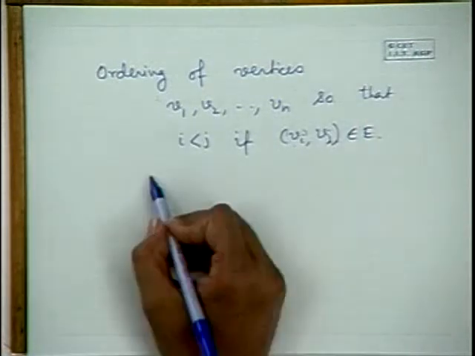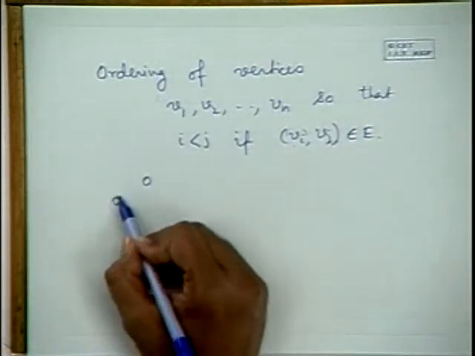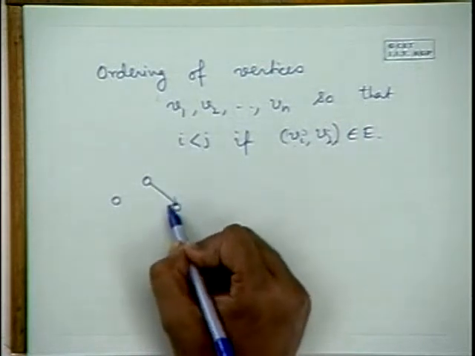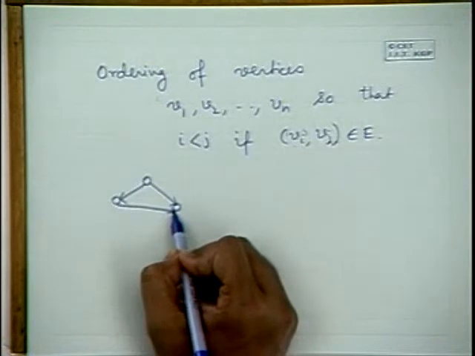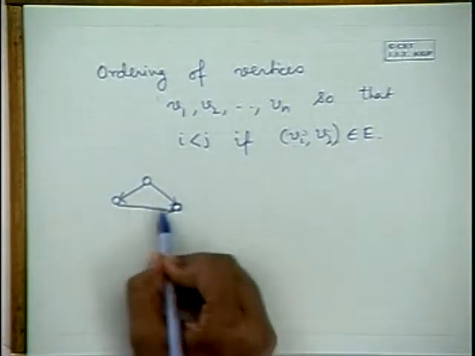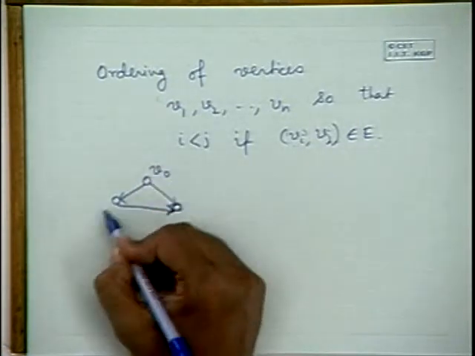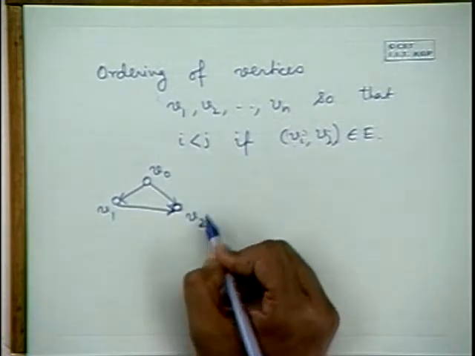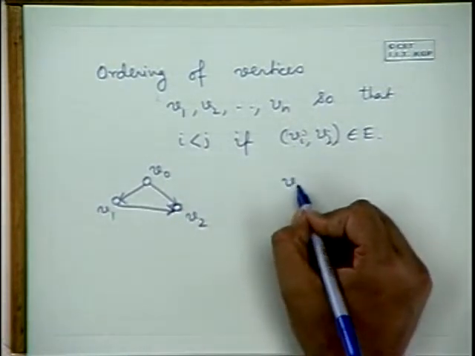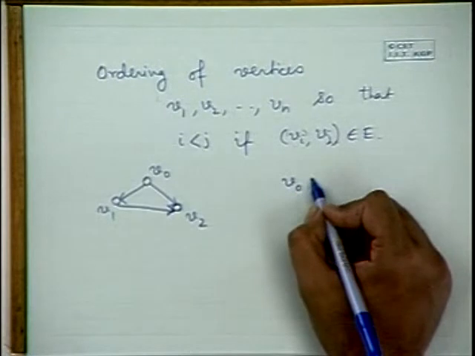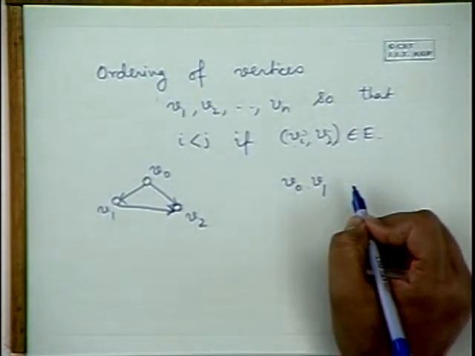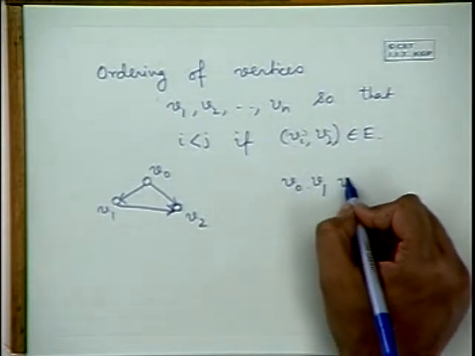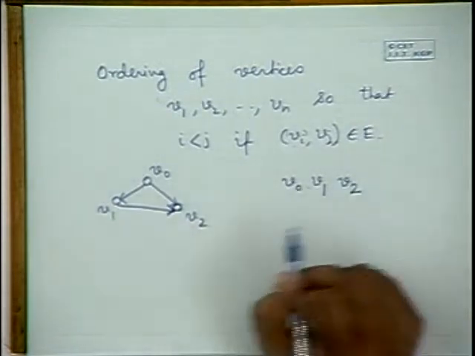So let me take one graph. Suppose I have V0, V1, V2. You can see V0, V1, V2 is a topological sort.